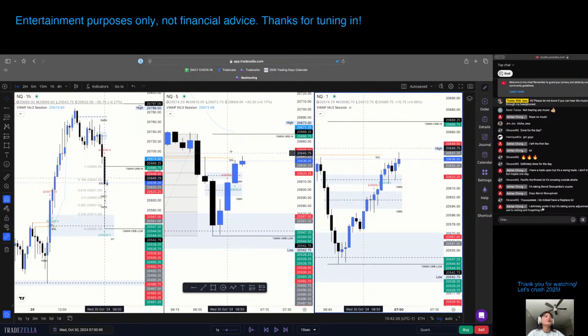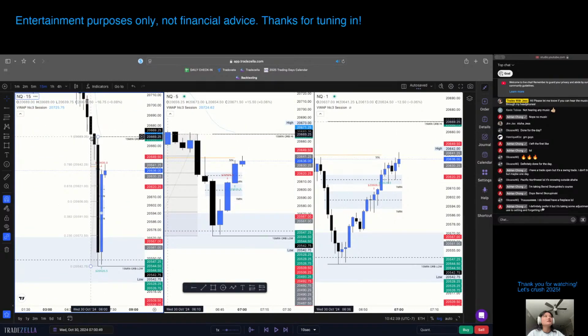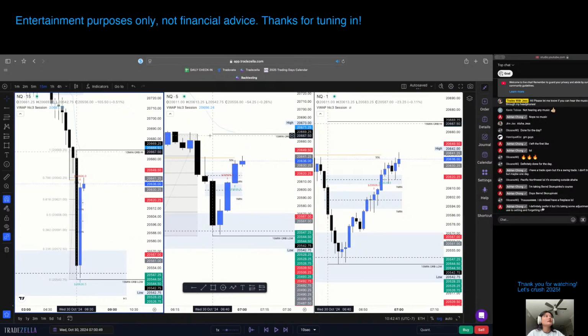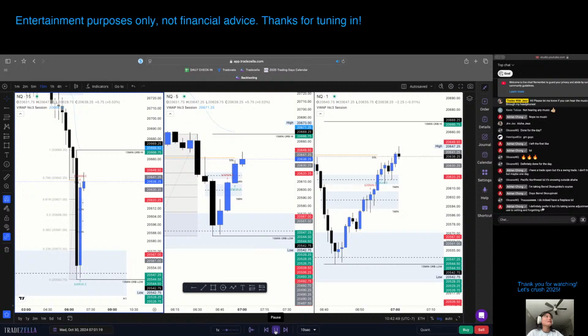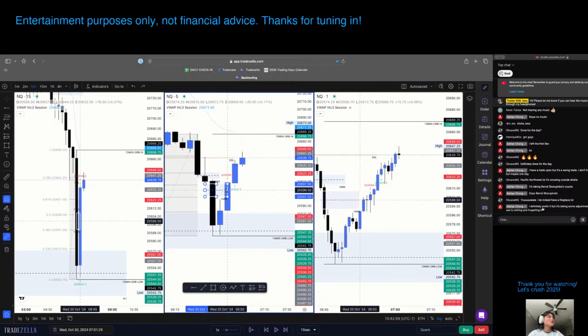Why does my 15 thing look so crazy? I don't know, but it's fine. Okay, so we do have a 5 here, so these are no longer valid. Wait, let me put those back. I'll do that because I want to do this.